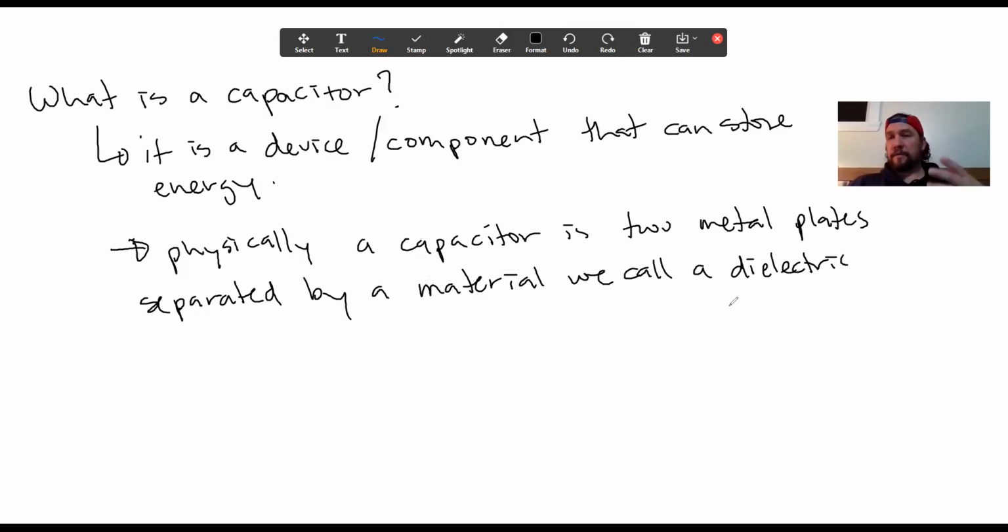It acts like an insulator to keep the two metals from touching, right?